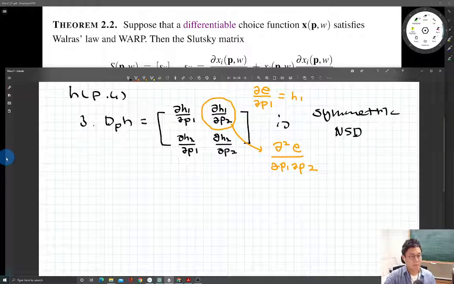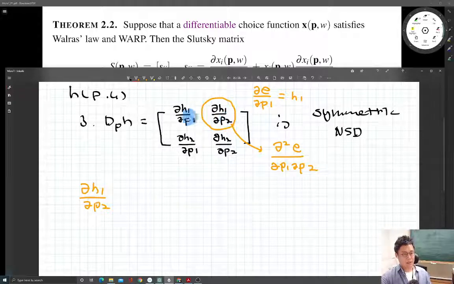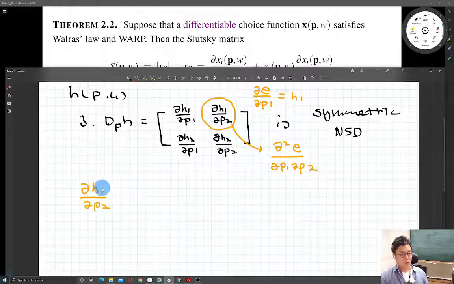So, for example, one entry in this Slutsky matrix, the derivative of H1 with respect to P2, measures the substitution effect on demand for good 1 when the price of good 2 changes.